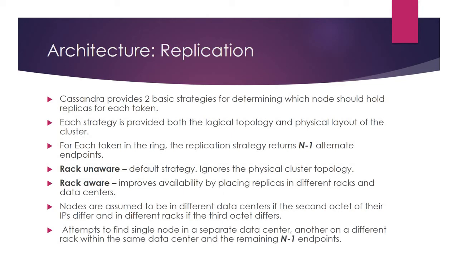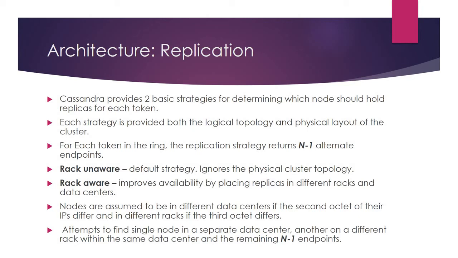Okay, the next thing that we're going to look at in the architecture section is replication. The most important concern when dealing with a distributed system is what happens when a node fails, or what happens when a link or router fails.